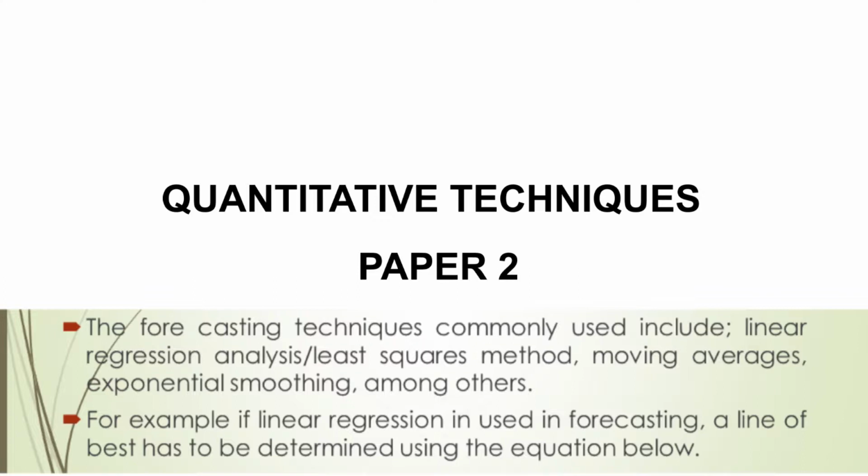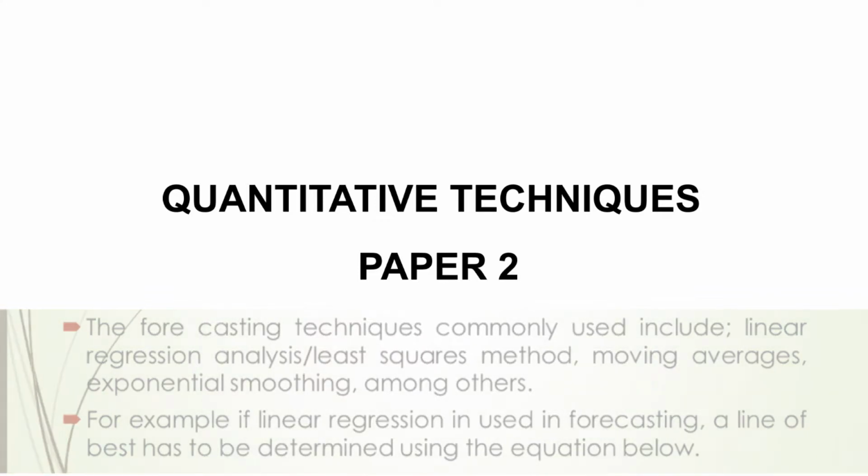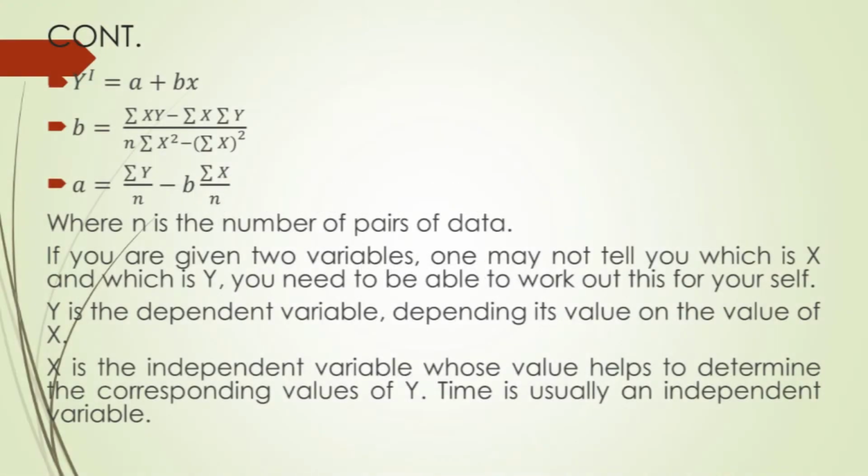So, for example, somebody can use linear regression analysis in forecasting. Here you determine the line of best fit, and then you can extrapolate, for example, how much can be incurred within some 6 months to come, using past data. When we're using linear regression analysis, that's the linear regression equation, y prime equals a plus bx.